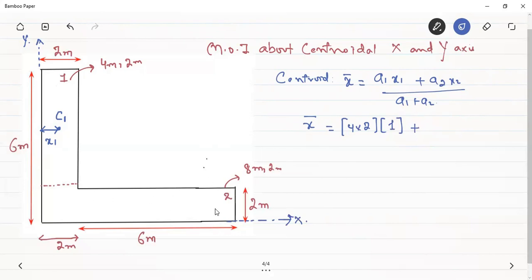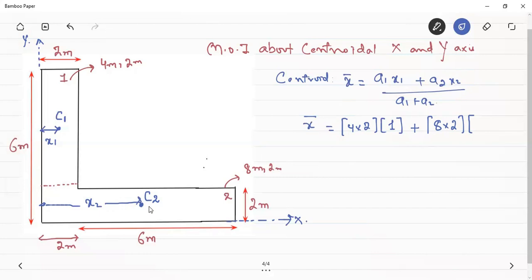The area of the second rectangle is equal to 8 multiplied by 2, that will be equal to 16. This area will again have its own centroid, denoted by C2, and x2 is the x coordinate of the centroid of the second rectangle.